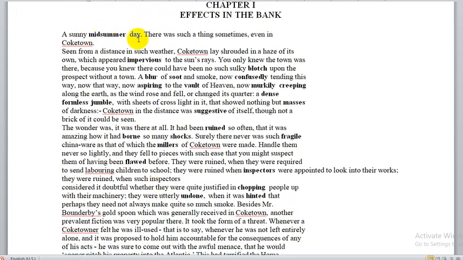"A sunny midsummer day. There was such a thing sometimes even in Coketown. Seen from a distance in such weather, Coketown lay shrouded in a haze of its own." Haze means smoke, which is related to the Industrial Revolution.